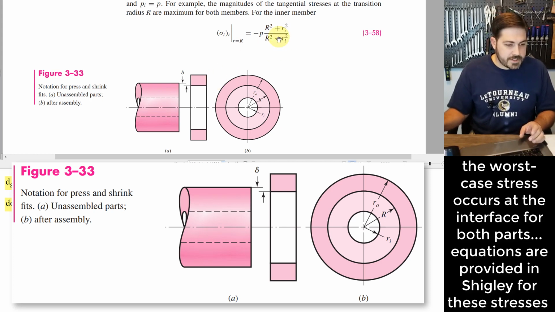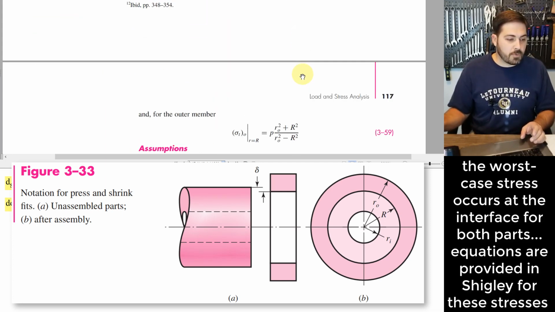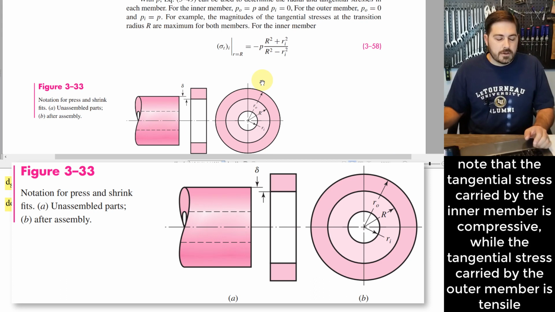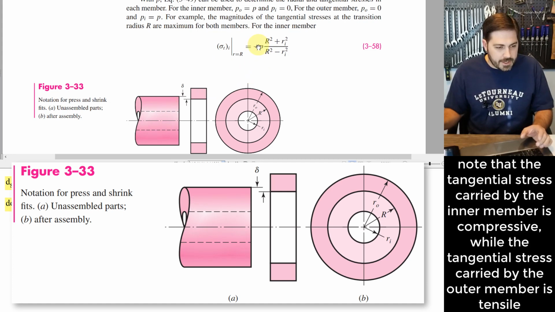Okay, so this takes care of the shaft part, the inner member. There's another form of this equation for the outer member, right? Right here, it's the tangential stress induced in the outer member, and this occurs at the interface radius. So one of the things that you might notice here is that for the inner member, there's a negative value here.